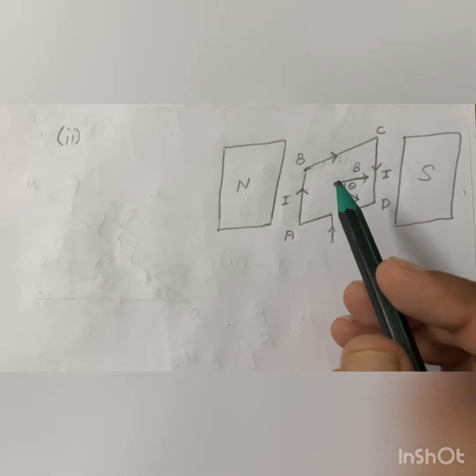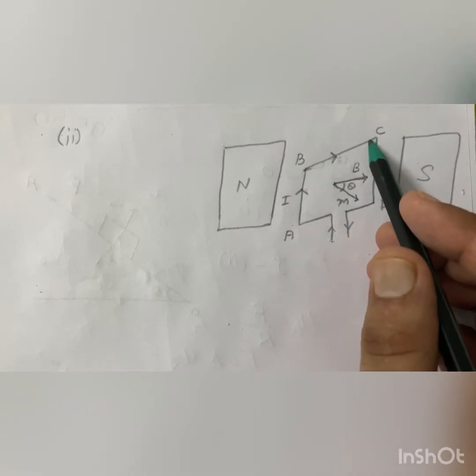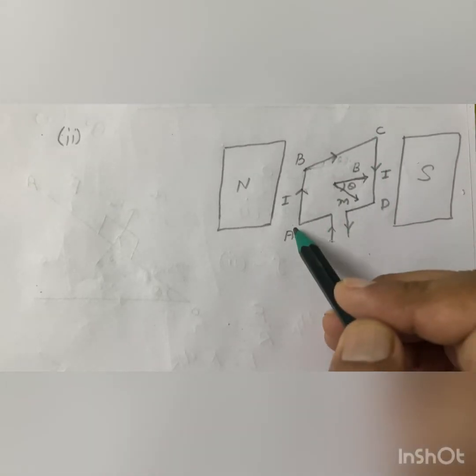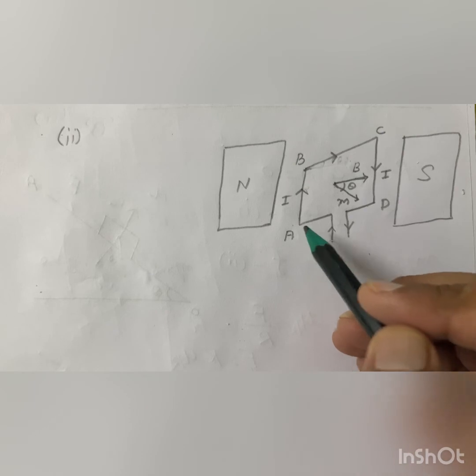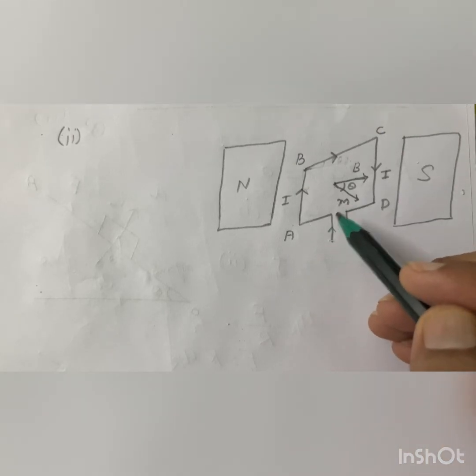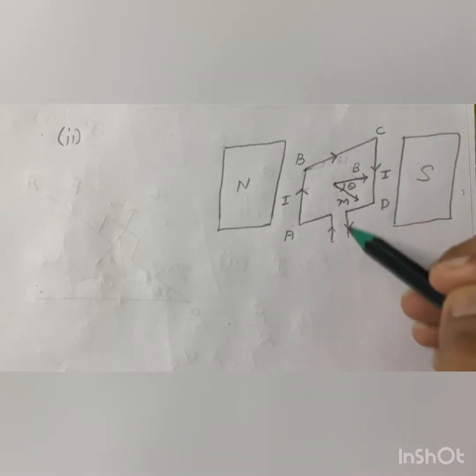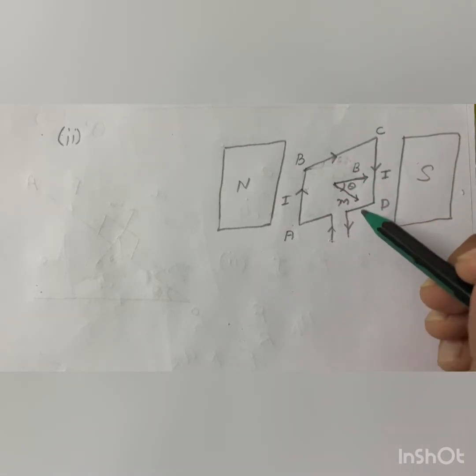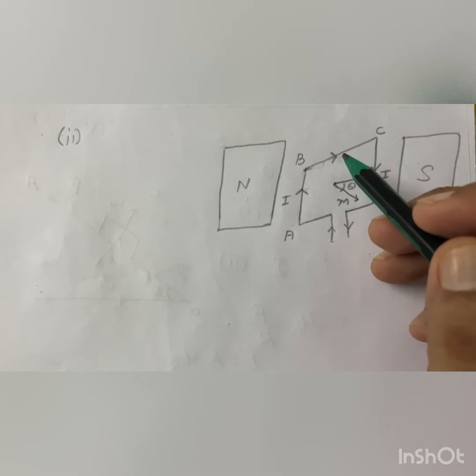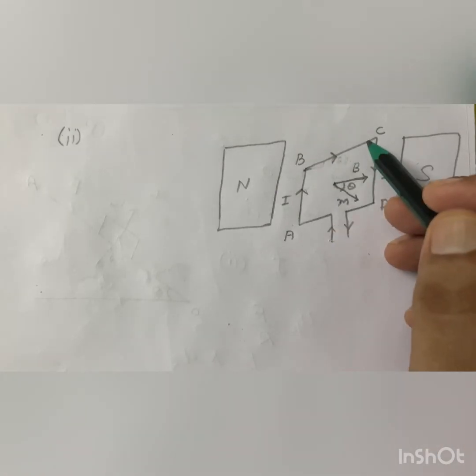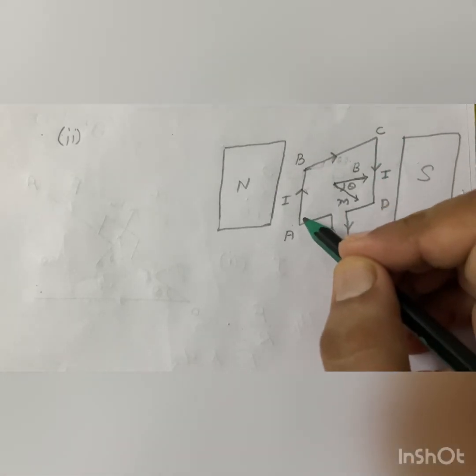The forces on the arms BC and DA are equal, opposite and act along the axis of the coil, which connects the centers of mass of BC and DA.